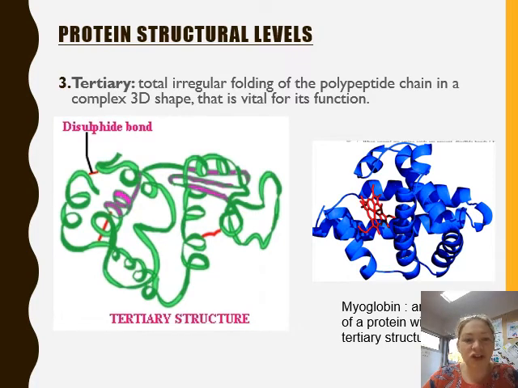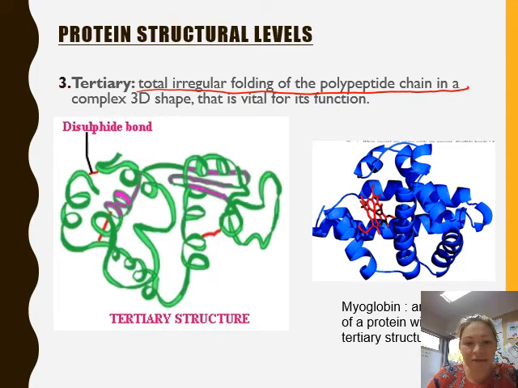Proteins then have a tertiary structure. So a tertiary structure is referred to as the total irregular folding of the polypeptide chain into a 3D shape. And this is really important because we know that the shape of a protein allows it to function or do its job. So this tertiary folding starts to see the protein chain fold over itself.